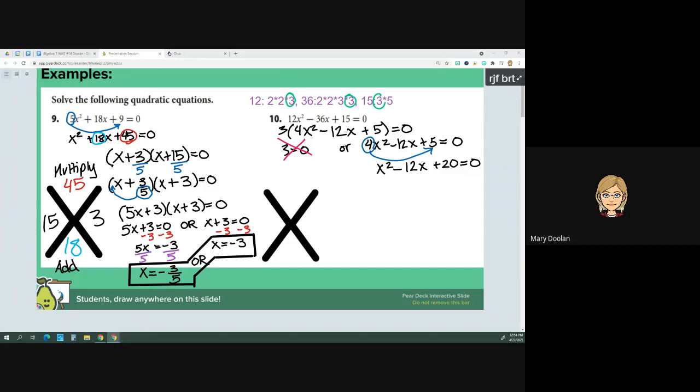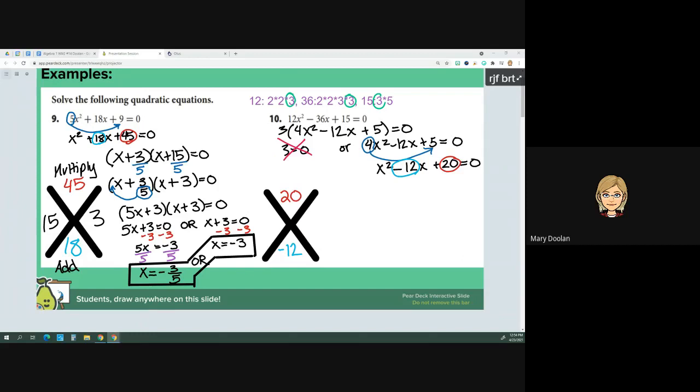And we can use this in the magic x. Put the 20 up top. Put the negative 12 in the bottom of the x. And try to come up with a couple numbers here that multiply to give us 20, but add to give us negative 12.